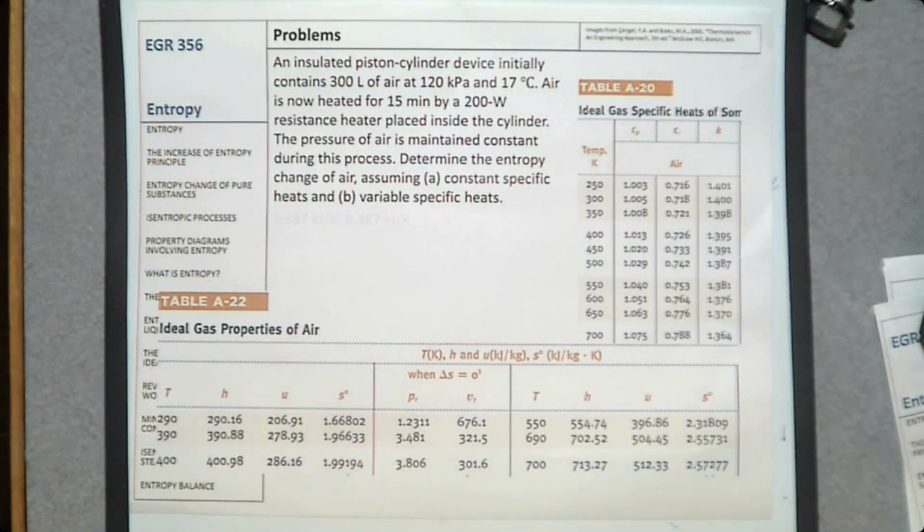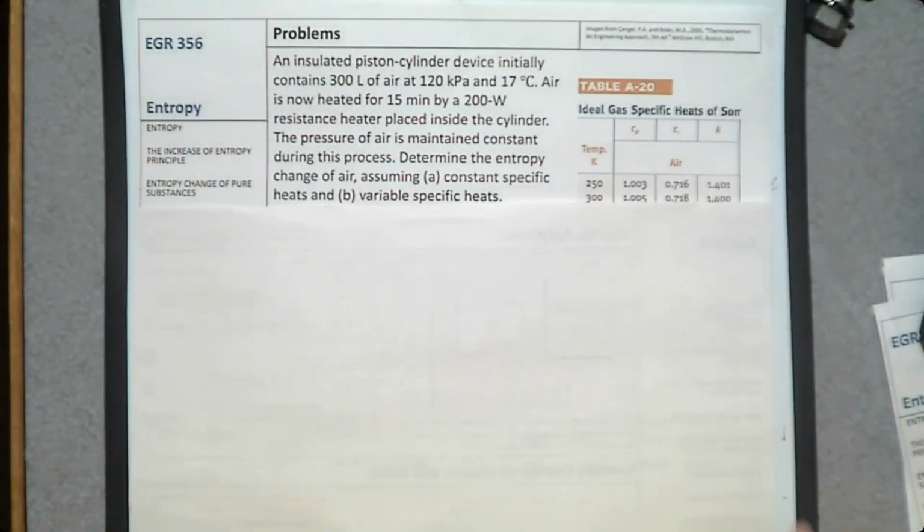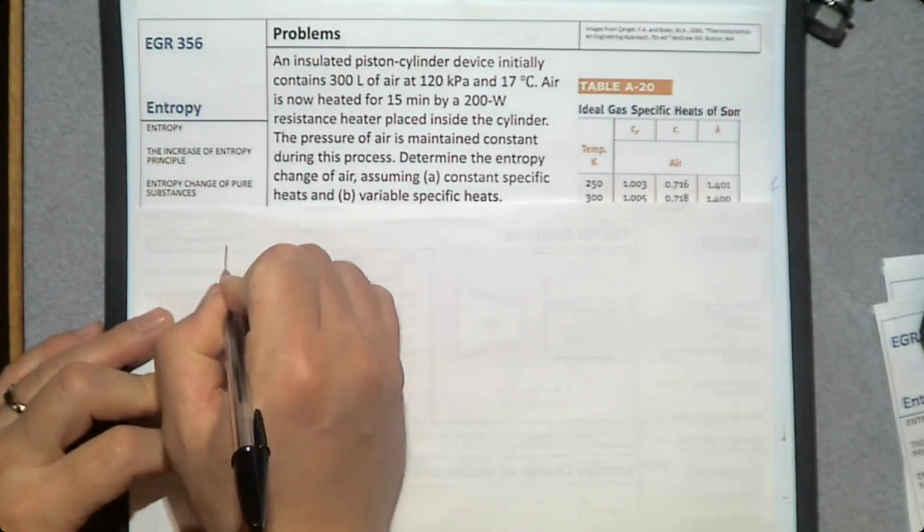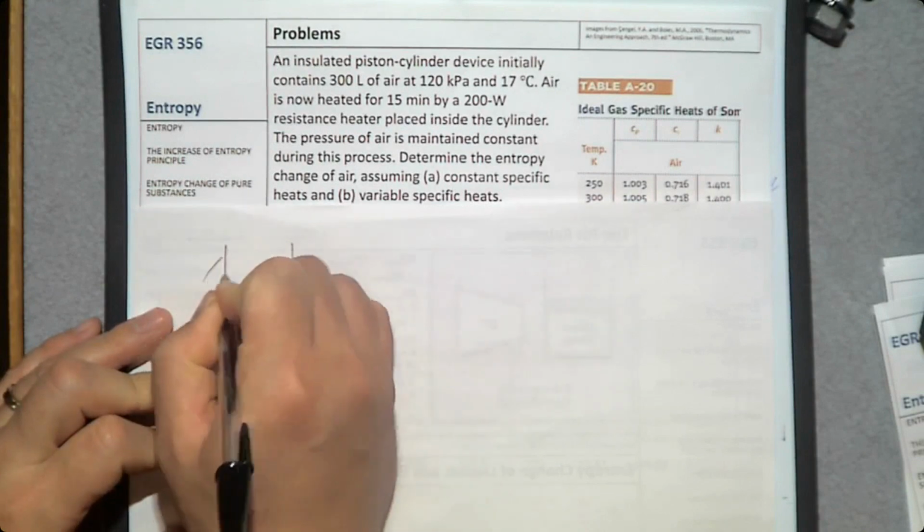So let's look at this problem. We have a piston cylinder device that initially contains 300 liters of air at 120 kilopascal and 17 degrees Celsius. So we have an insulated piston cylinder device.